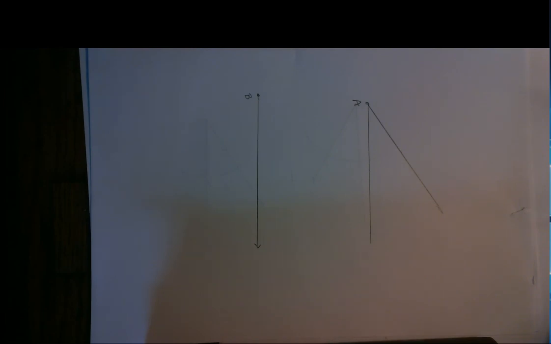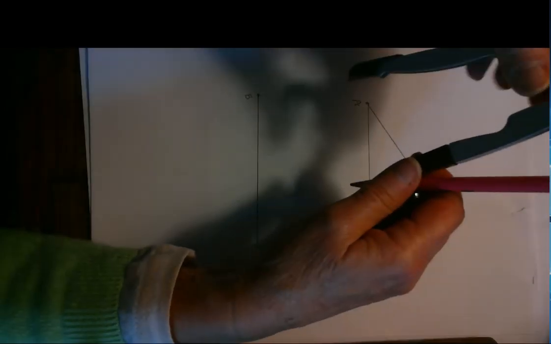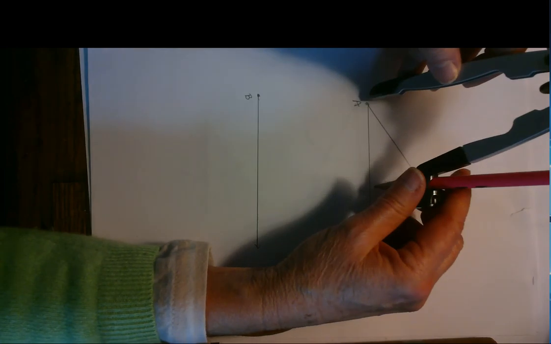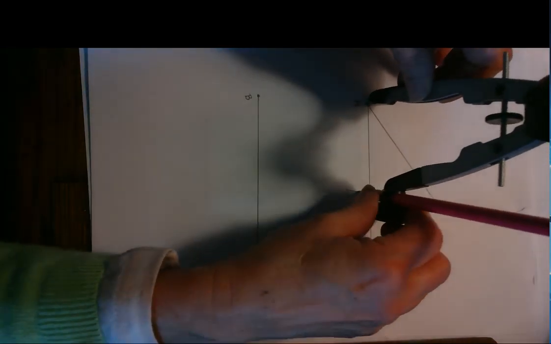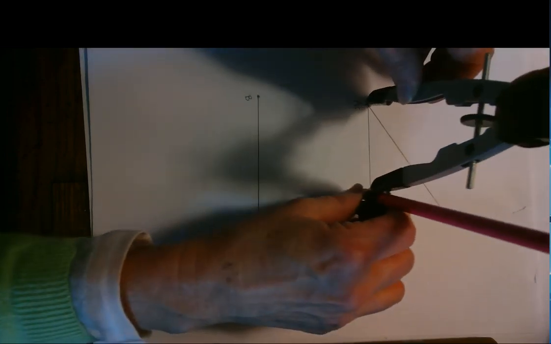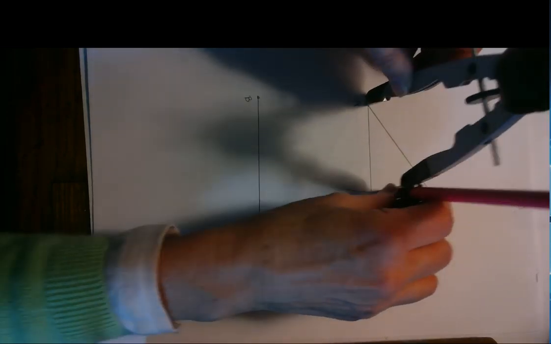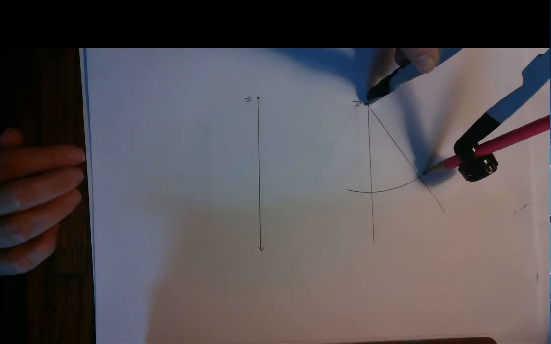Now I'm going to take my compass and open it to any radius that I want. With this arbitrary radius, I'm going to put my point at A and swing an arc that needs to intersect the angle in 2 points.